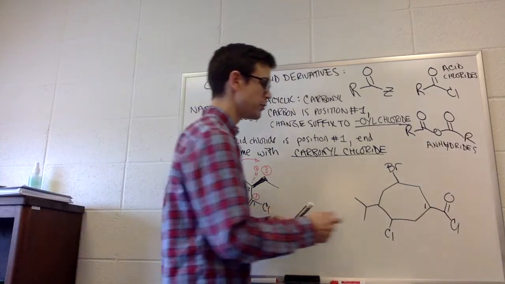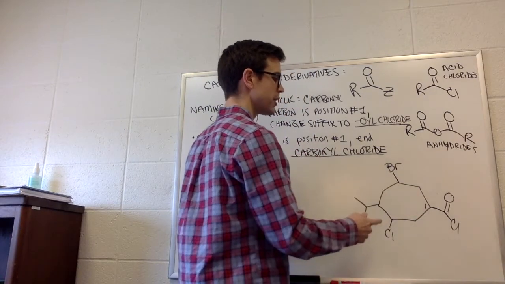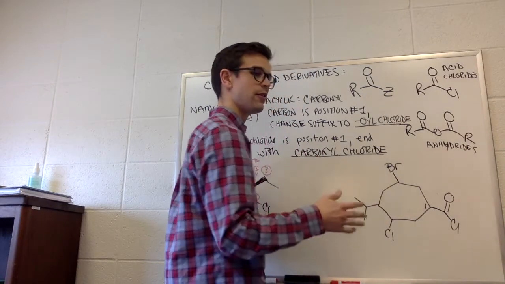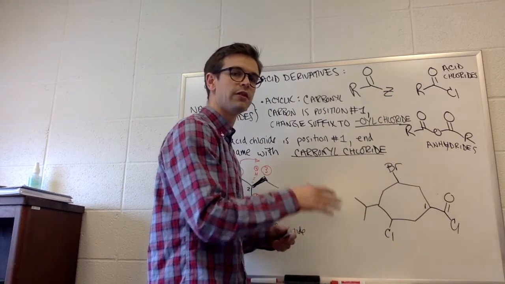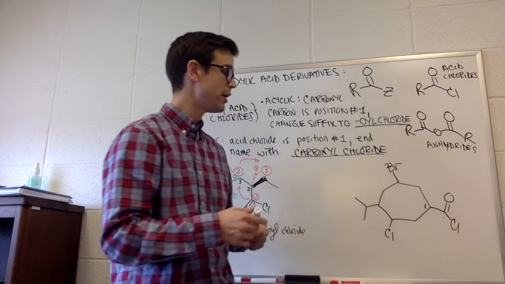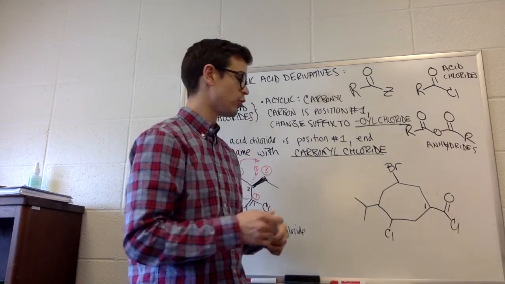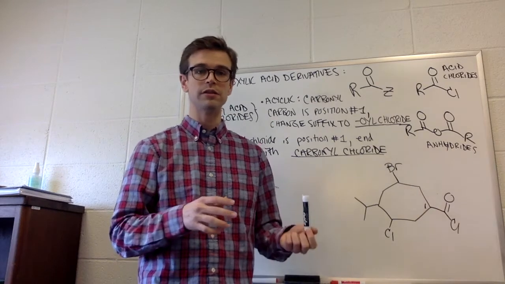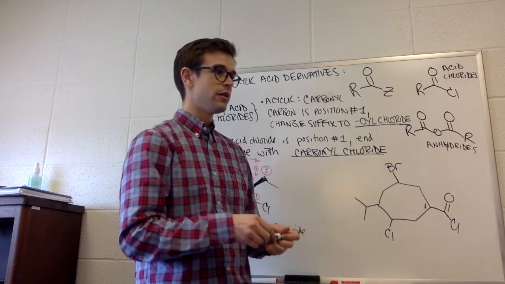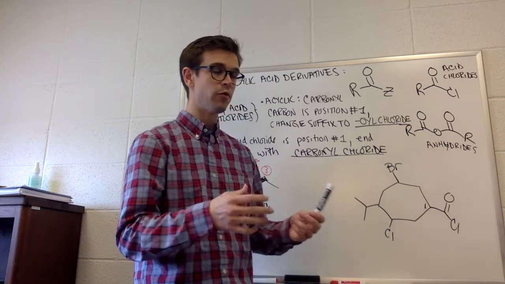So often people want to number counterclockwise around this ring because they want bromine, the lowest numbered substituent, to have the lowest possible number of those 3 substituents. But the rule that is above that rule is to get the lowest overall numbers for those substituents.